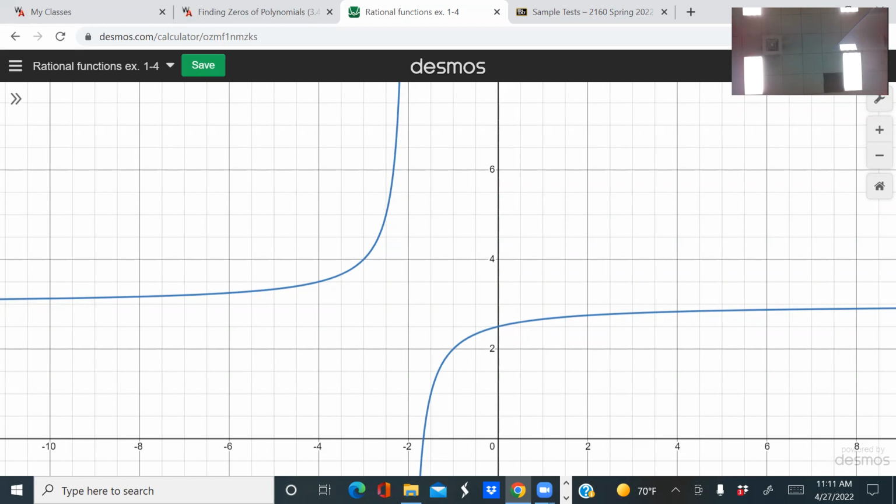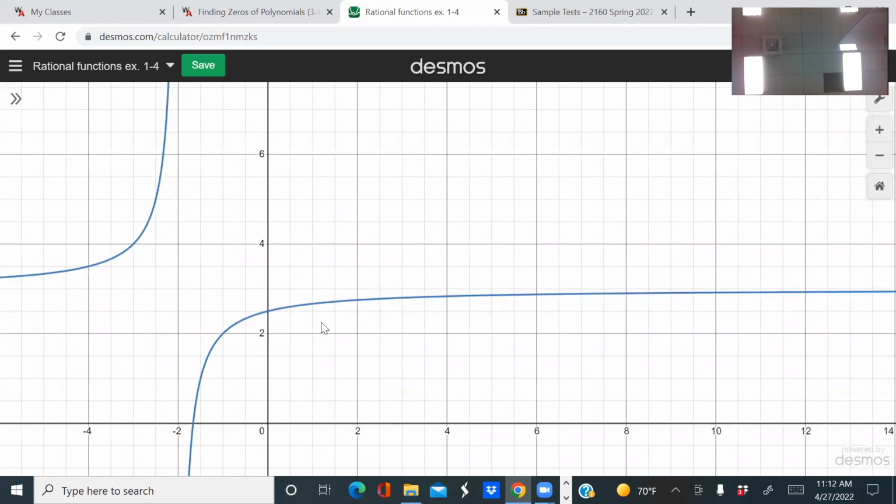Now, for a horizontal asymptote, what's happening is as x is getting close to positive or negative infinity, your y values are approaching some number. That's what y'all told me in this picture, right? As x gets really large, as x gets close to positive infinity, what are your y values getting close to in this graph? What'd y'all say?